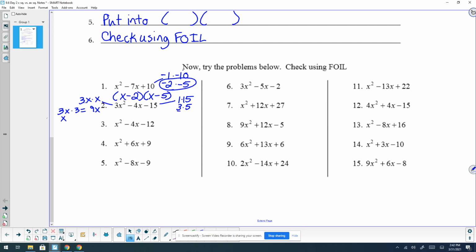And since I used the 3, I have to use the 5. That gets me 5x. Well, how can I make 9x and 5x get me negative 4x? In order to do that, my 9x has to be a negative, which means that my 3 has to be a negative. At this point, I know that I would be good.